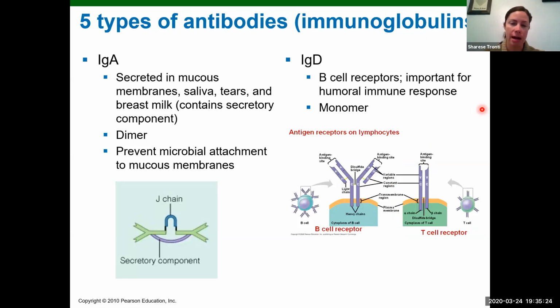IgA is a dimer. So we see 2 different antibodies connected by the secretory component. And this is found in mucous membranes, saliva, tears, and breast milk. Then IgD is another monomer, and where we see IgD is on the surface of B cells. So this is actually a B cell receptor here.